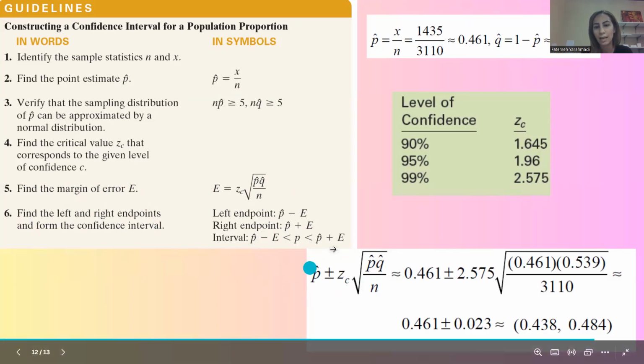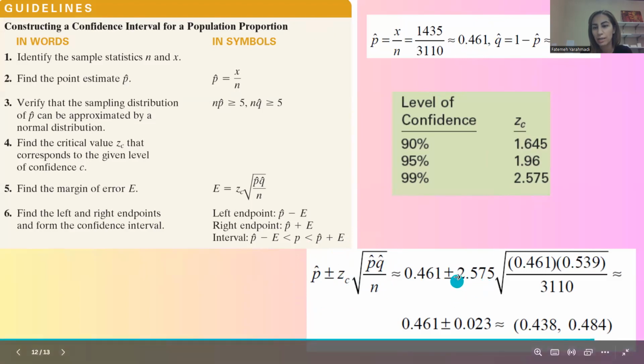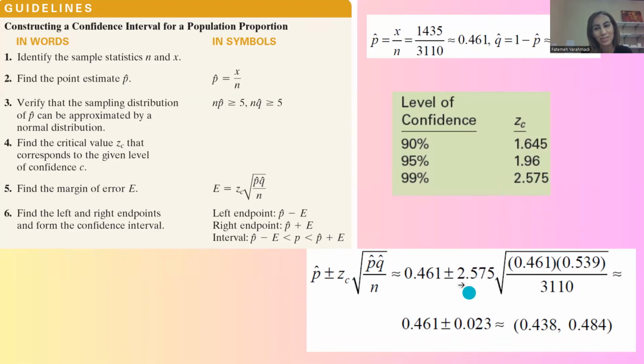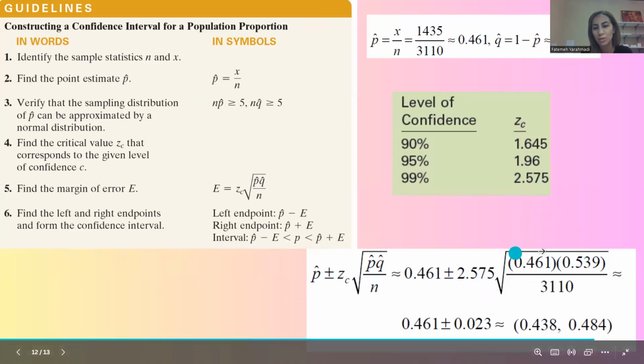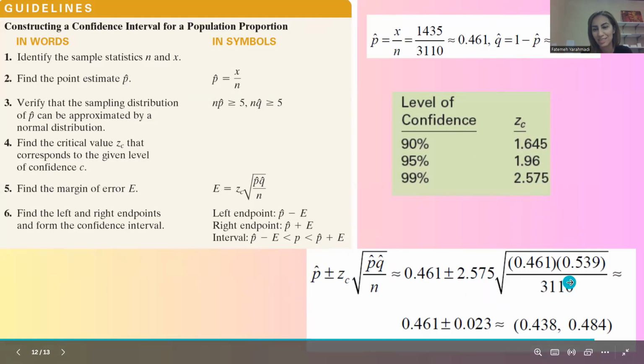So let's take a look at the algebra. P hat plus minus the margin of error. P hat, which is calculated up here, is 0.461 plus minus. To find the margin of error, remember that you need to have a ZC. ZC is the critical value, 2.575, multiplied by square root of P hat times Q hat divided by the sample size.